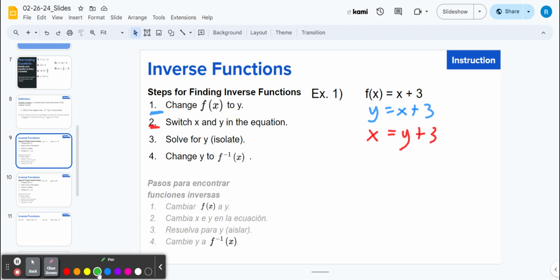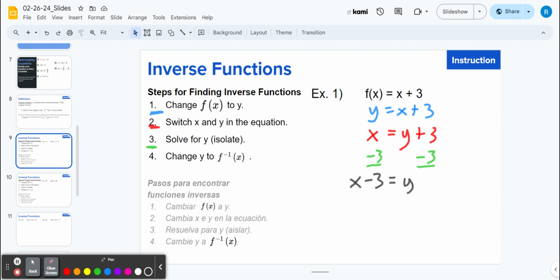Then we're going to start solving for y. That means I'm trying to get y all by itself. To do that, it looks like it's with this plus 3 right now. I'm going to subtract 3 from both sides to move that over. And I'll get x minus 3 equals, left over with just y now.